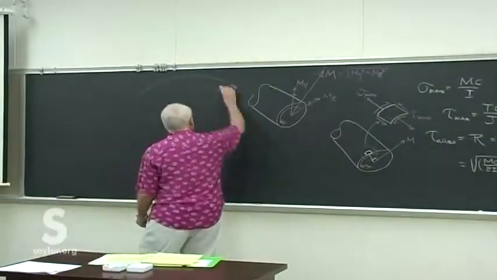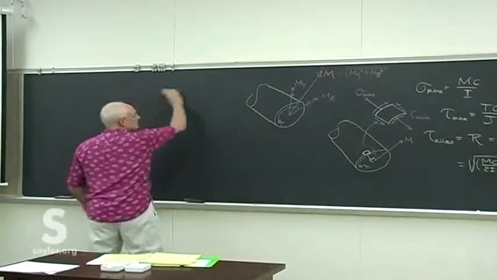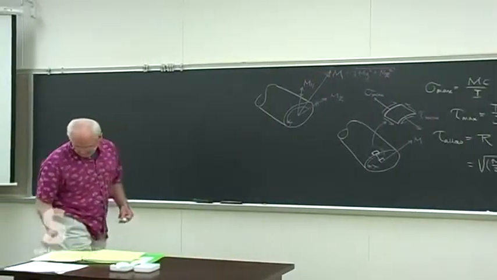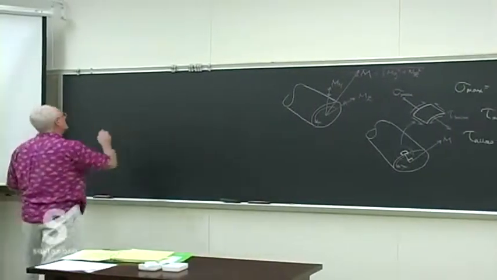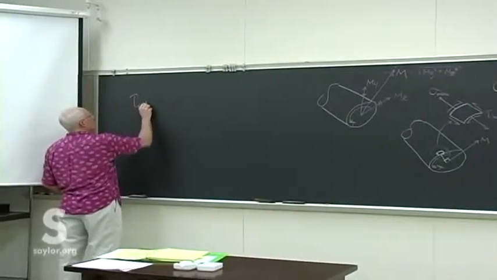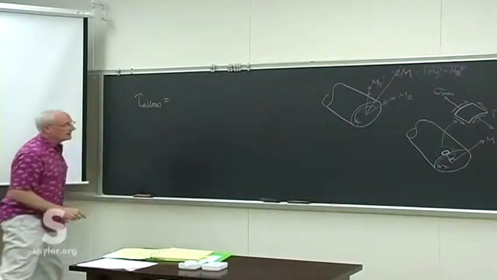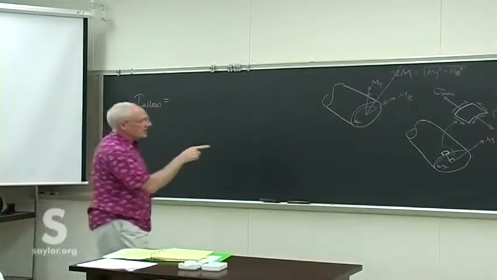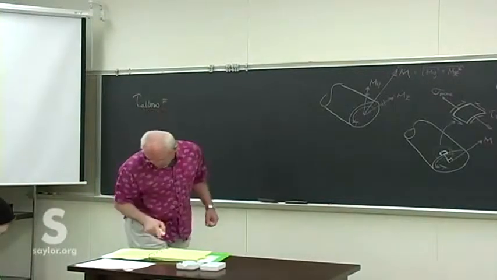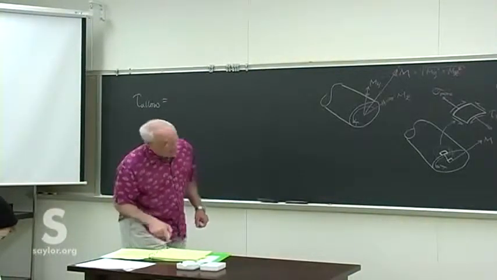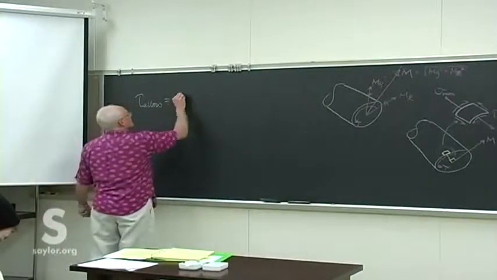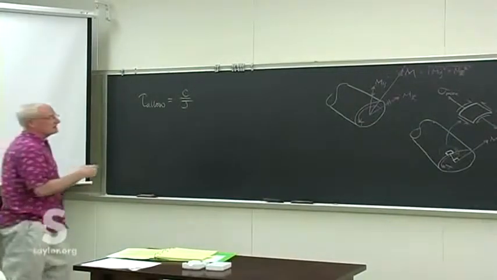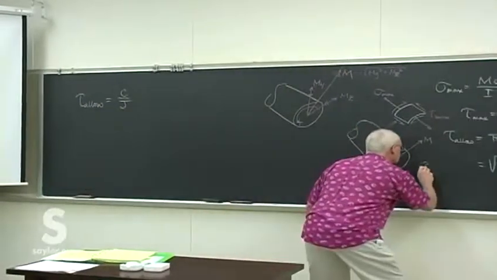The complication of this comes mostly just from making sure you've got your views right, you've got your different component directions right. So we can now make this, let's see, we can pull out a C over J. Need to remember that 2I equals J for a circular shaft.